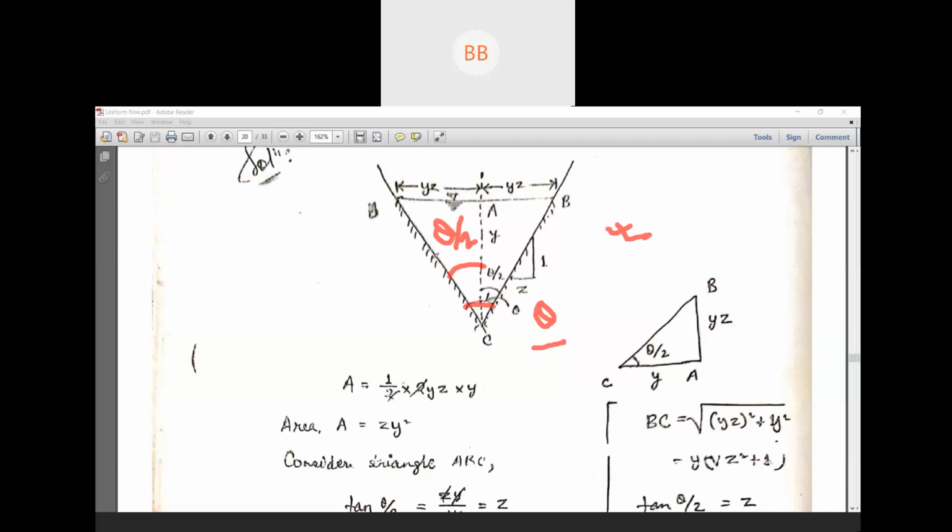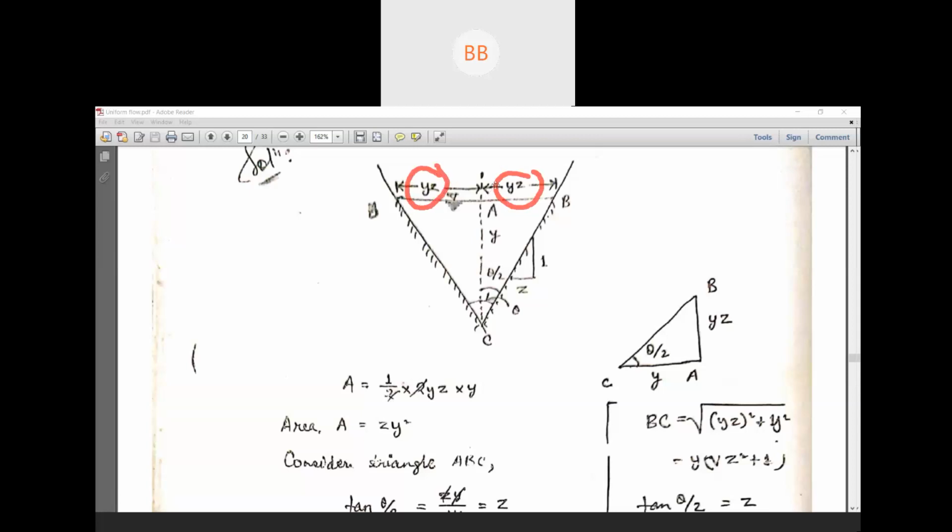One part will be theta by 2. So definitely this will be your zy, this will be your zy, and again this is also zy.